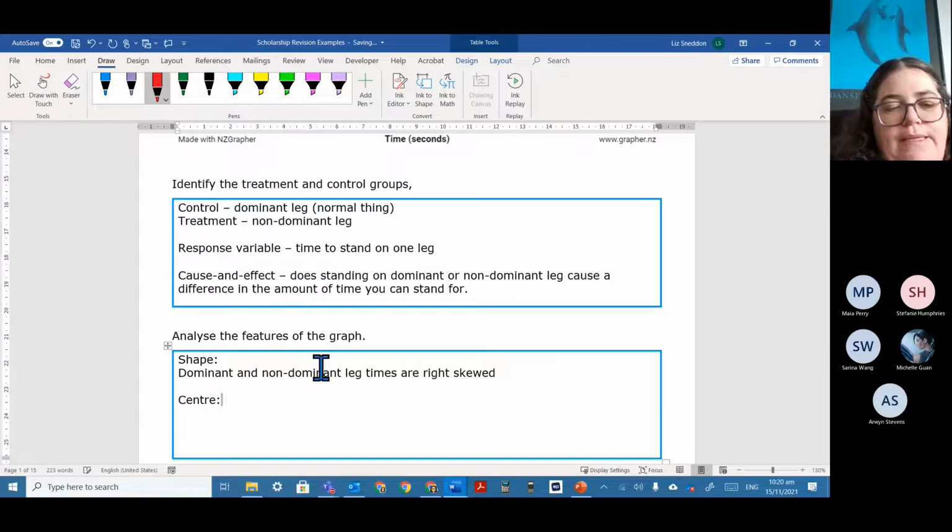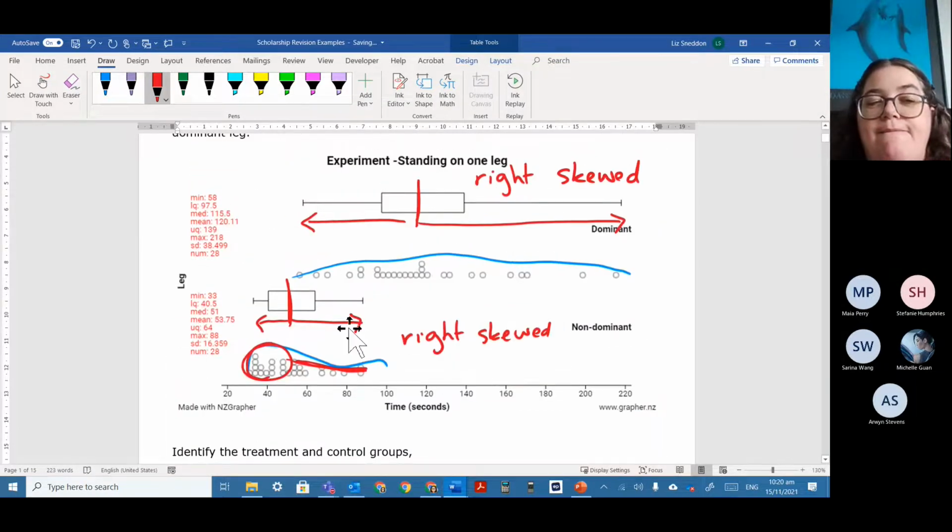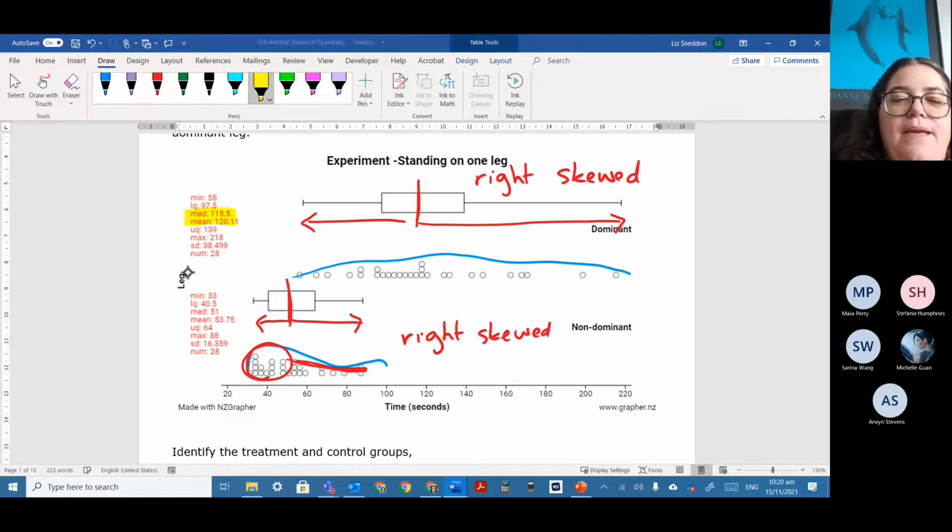Now, when I compare the center, what statistic do we look for? Look at our means and our medians. In this case, which one is the more accurate measure of center? Should I be using the mean or the median, and why?